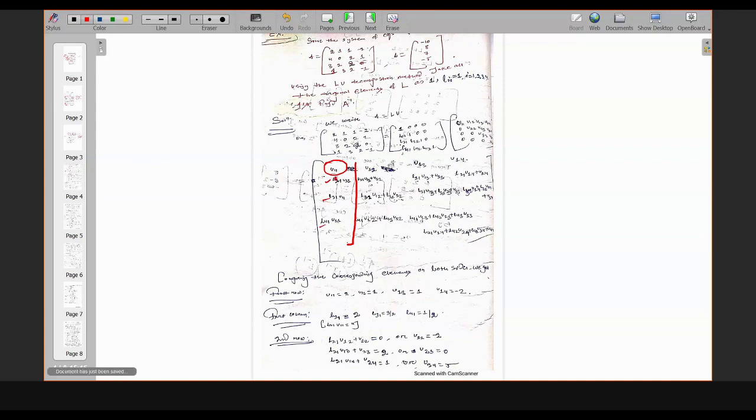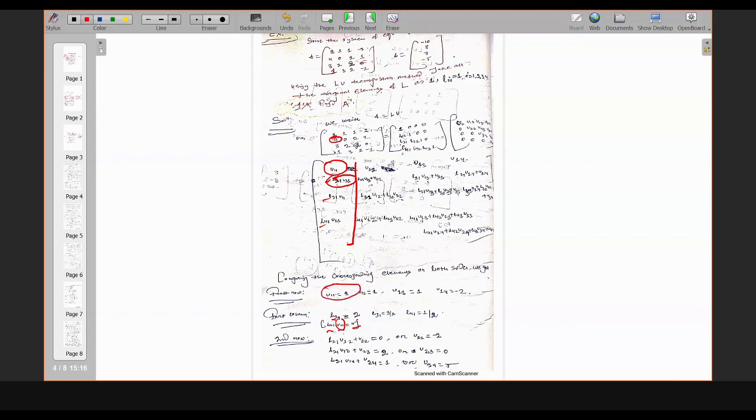Now, what is the corresponding element of this element? The corresponding element is 4 in the left hand side matrix. This means L21 is equal to 2. Why do you get L21 equals 2? Because L21 times U11 is equal to 4, and you already know the value of U11, which you computed here, that is 2.